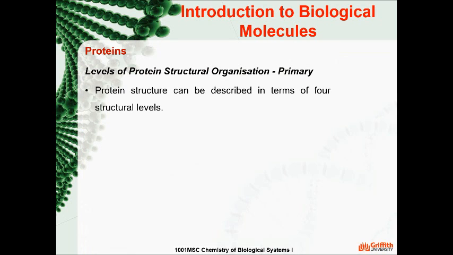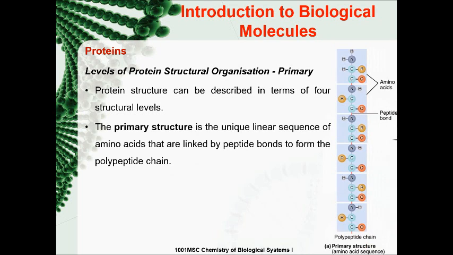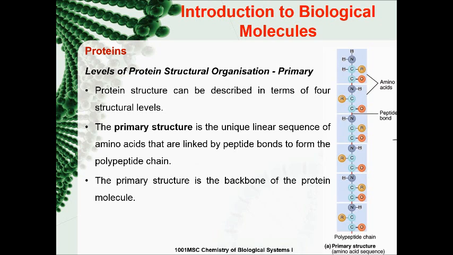The structure of proteins consists of 4 levels, and we will look into each level. Primary structure is determined by the sequence of amino acids linked together by the peptide bonds. The primary structure is the backbone of the protein molecule.